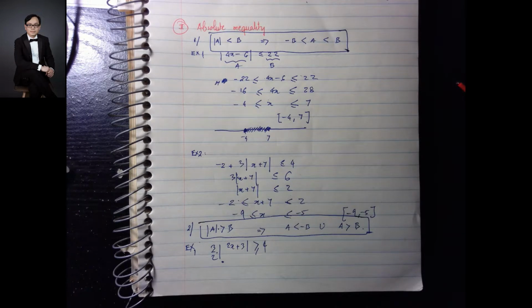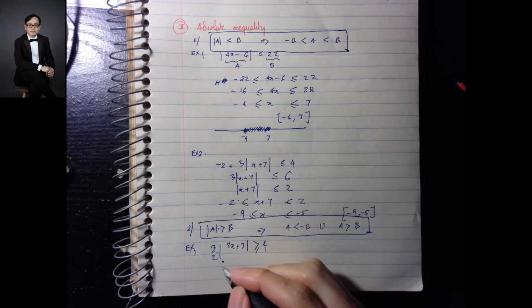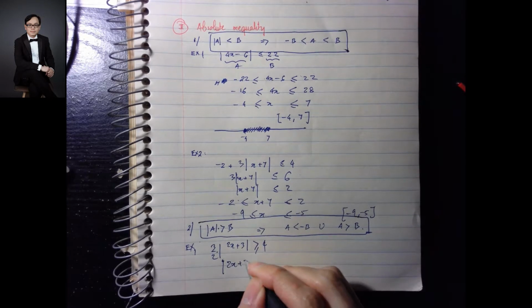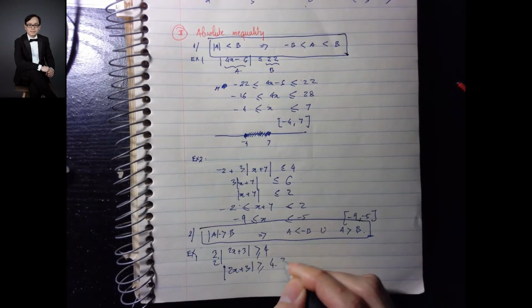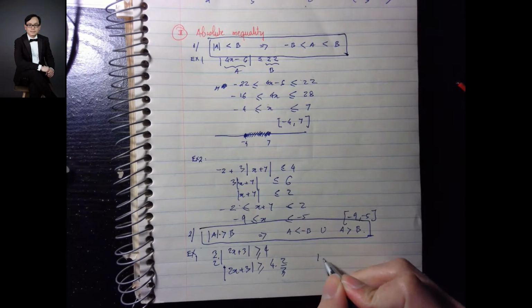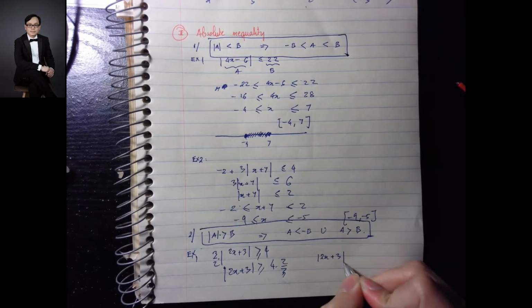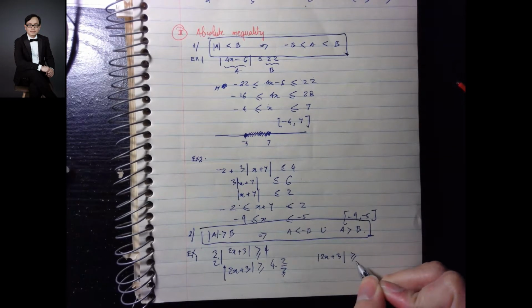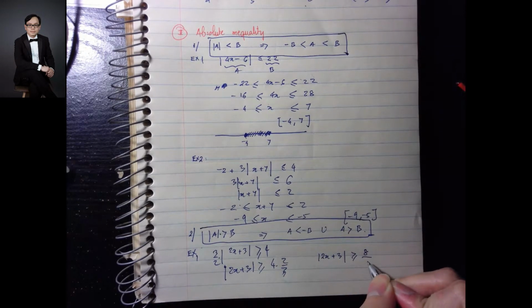So the left side becomes the absolute value, and the right side becomes 4 times 2/3, so your absolute value inequality becomes greater than or equal to 8/3. And now it's in the form.